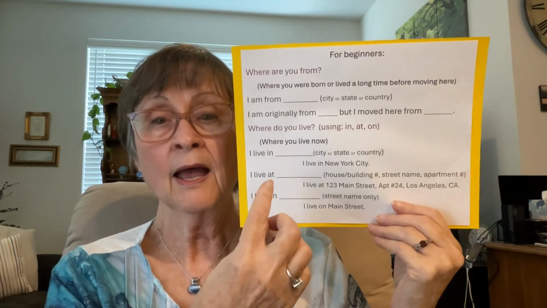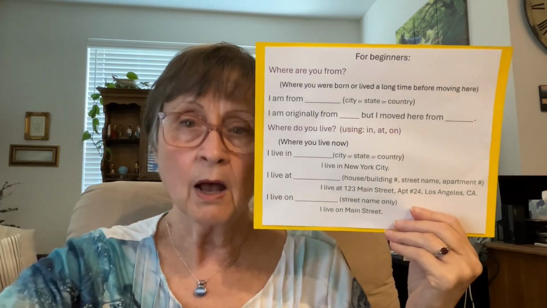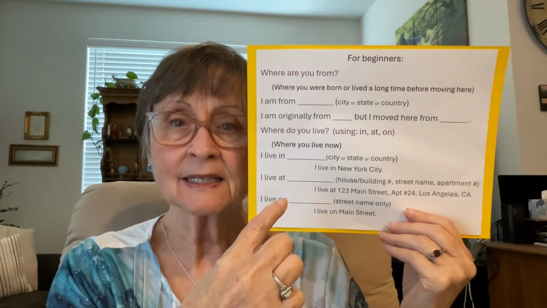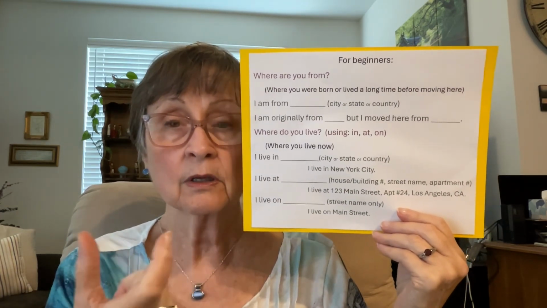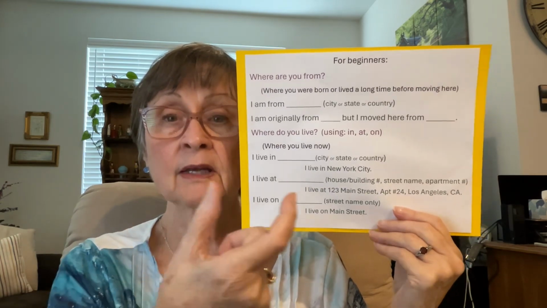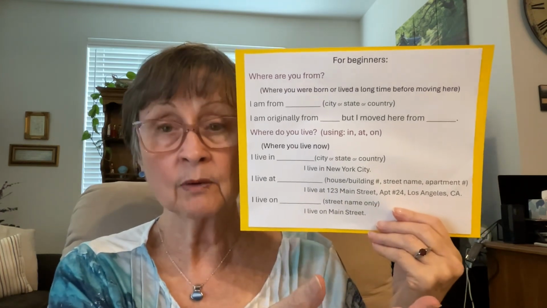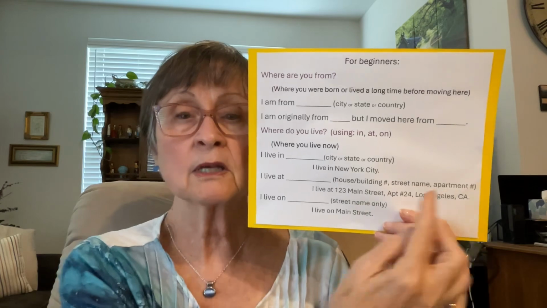Now, if I use at, I'm giving you a specific spot. This is where I exactly live. I live at, and I'm going to tell you the number of the building or house that I'm in, and then the street, and then if I have an apartment number. I made this up. This is not a real address.